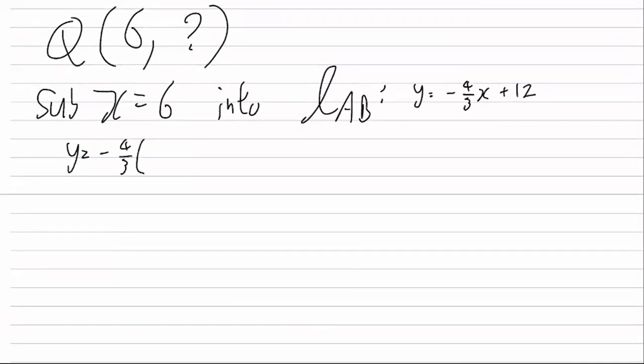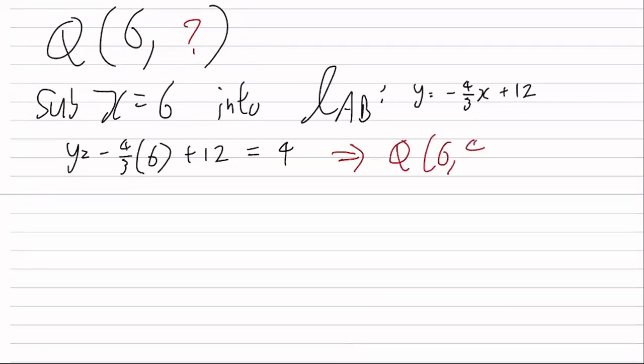So negative 4/3 multiplied by 6, add on a 12. 6 and 3 cancel, become a 2. 2 times 4 is 8, minus 8 plus 12 is 4. Is that okay? That's your answer. I put down a question mark first, then I update. This implies Q is (6, 4). Done. A little bit challenging, but not too bad once you draw the picture.